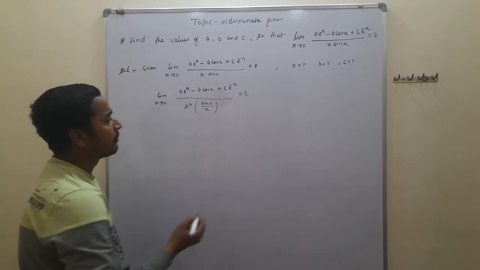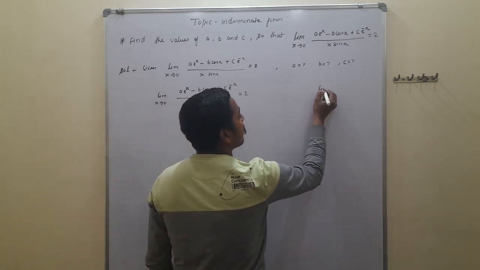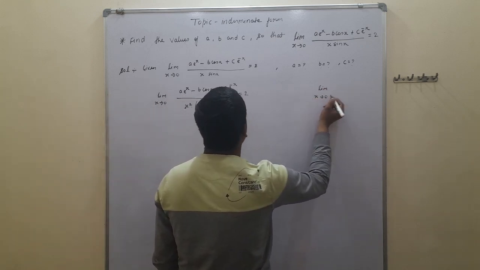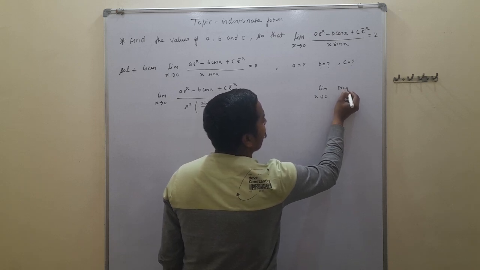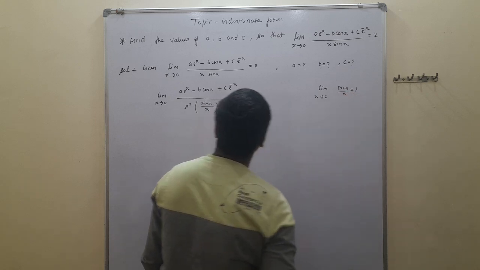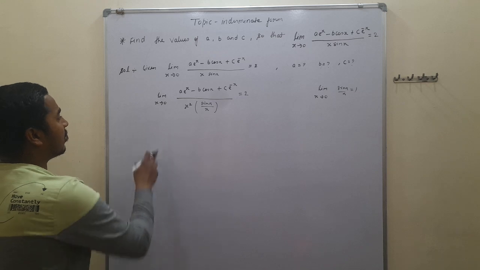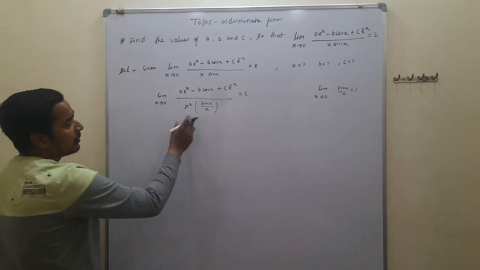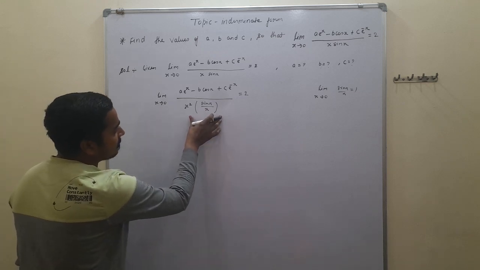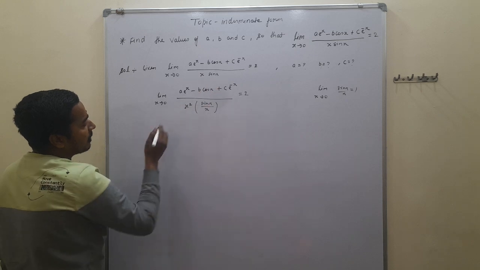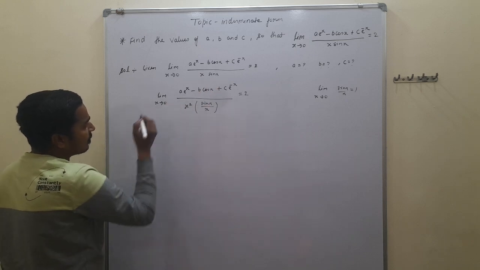And we know that limit x tends to 0, sin x upon x is 1, and so we have to apply x tends to 0. This gives the denominator is 0.